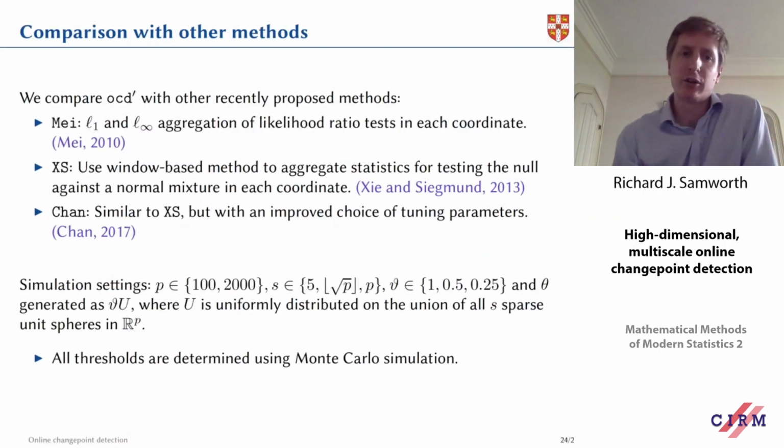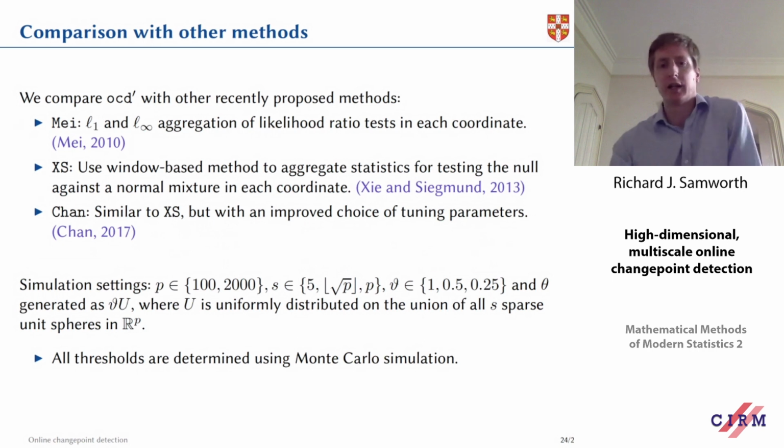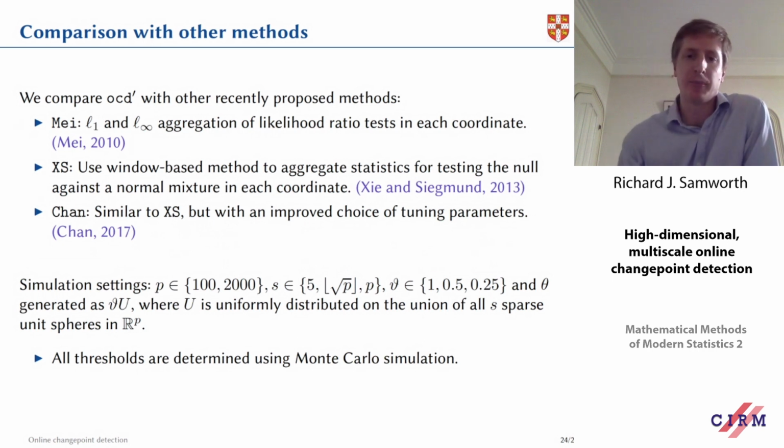So now I want to compare our OCD algorithm with some other alternative approaches. As I mentioned, there are only a few that have been proposed. One is the May algorithm, which involves an L1 and an L infinity aggregation of likelihood ratio tests in each coordinate.